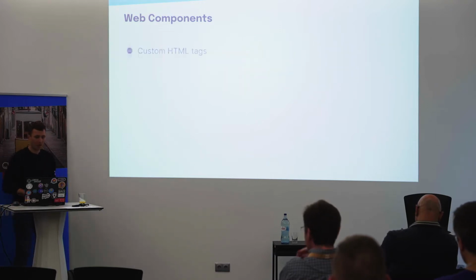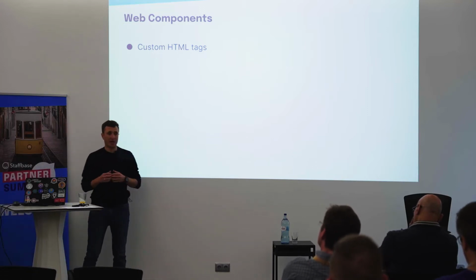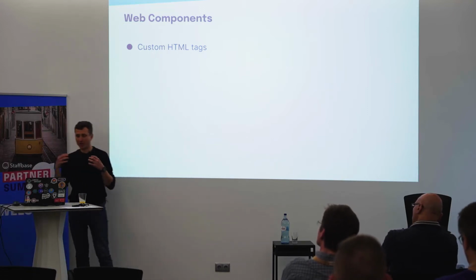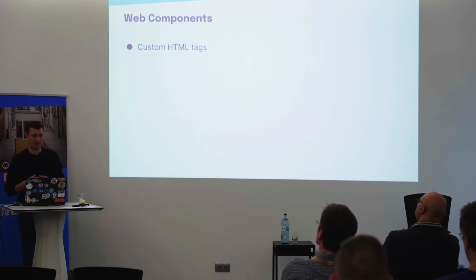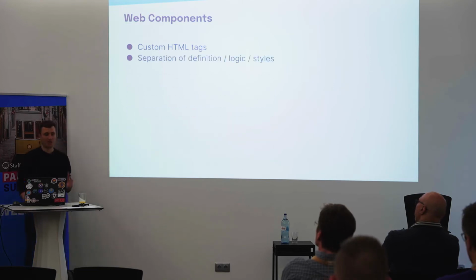So when we think about web components, it's all about HTML. We create native tags, custom tags, and use them in HTML like the native ones. That allows us to separate the definition, logic, and styles. So what I mean by that is we don't have to repeat ourselves.